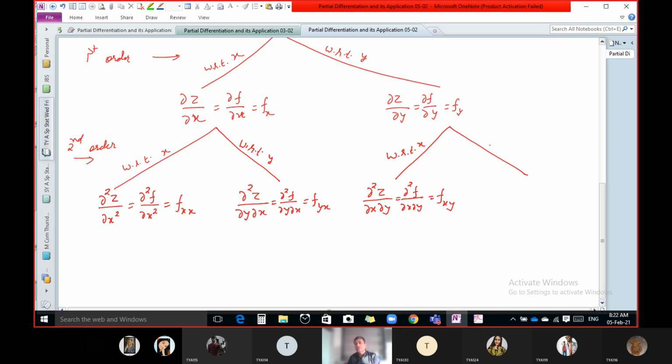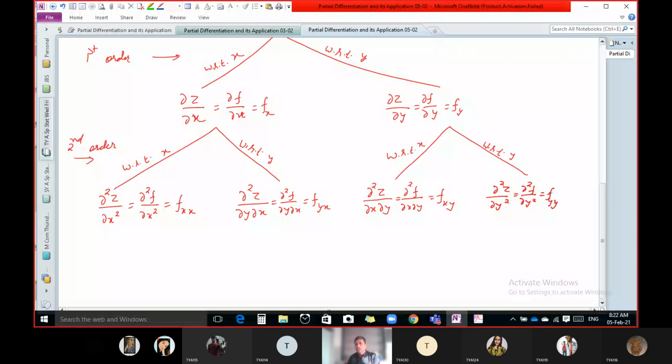But if we differentiate this with respect to y once again, the second-time derivative is denoted by delta square z upon delta y square, or delta square f upon delta y square, or fyy.